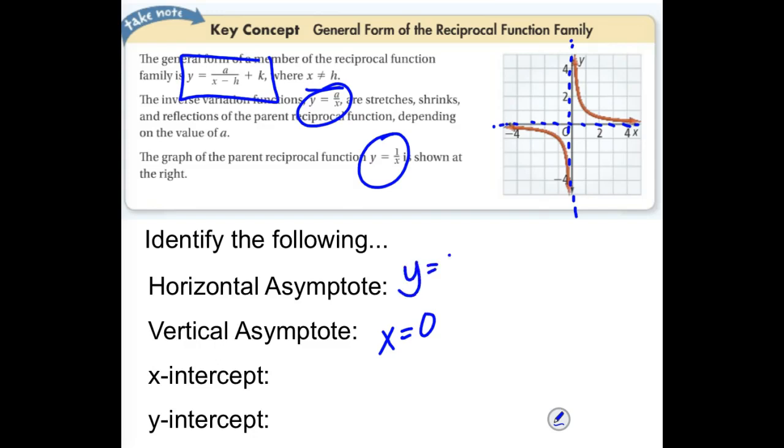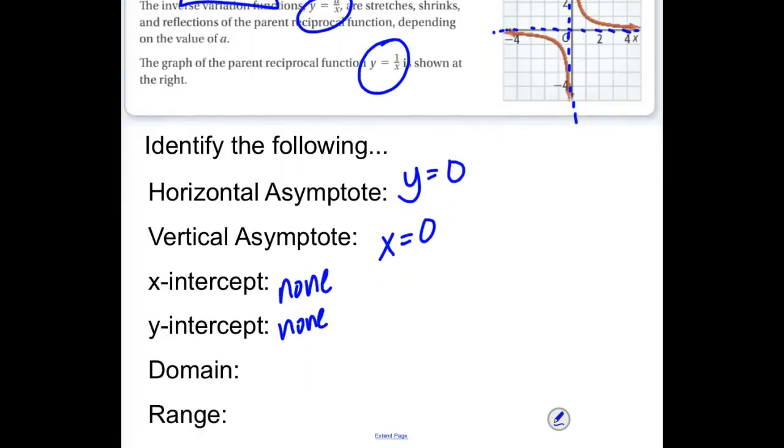Yep. Do we have any x-intercepts? There's no place where our graph's going to touch the x-axis? Okay. Do we have any y-intercepts? No. How about domain and range? Everything but 0. Agree, disagree? We've already said that we can't be on the y-axis, right?